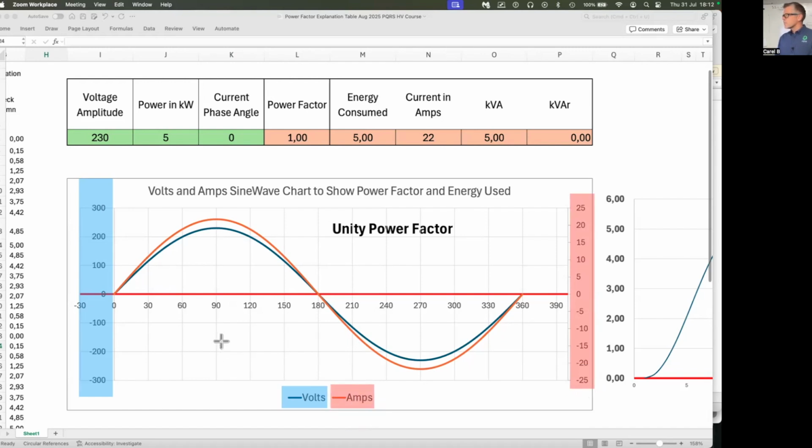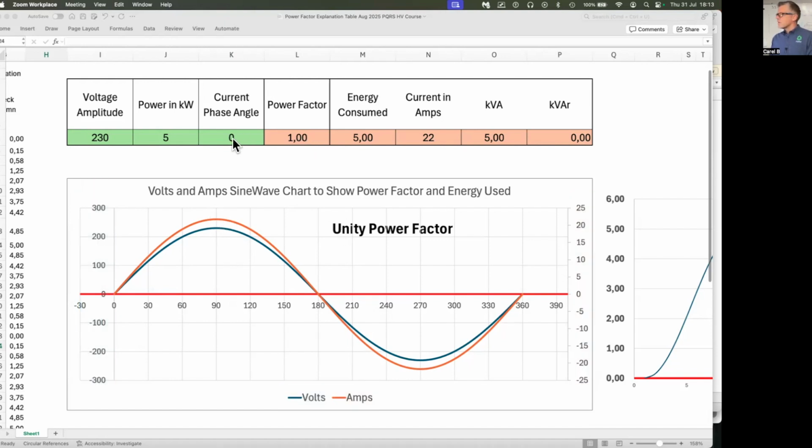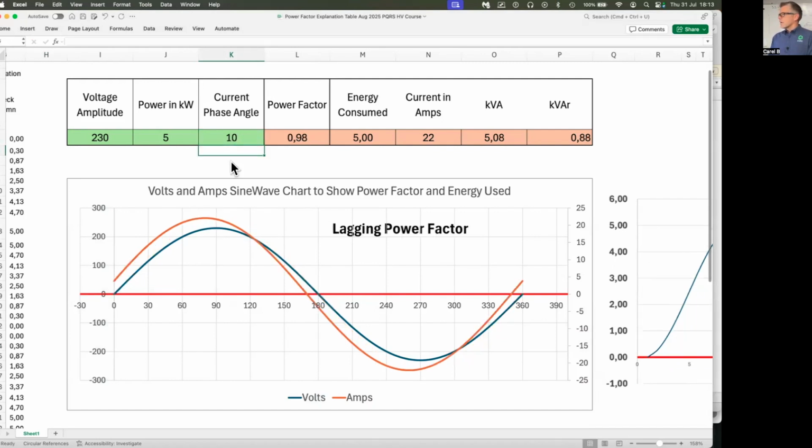When we look at power, power is equal to volts times amps. As soon as you have reactive power in your network, it distorts your sine wave. If I change the power factor up here to 10 degrees, it changes the waveform. So I'm going to just undo that quickly.